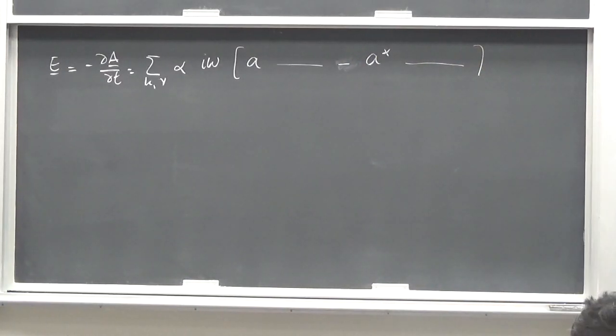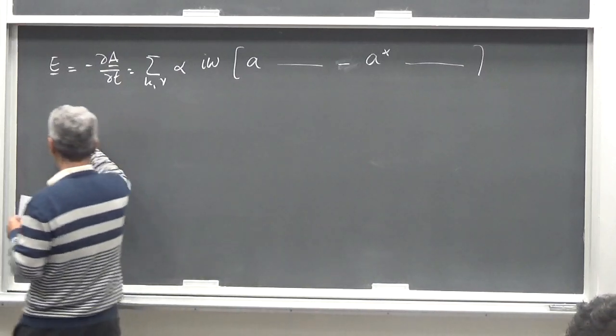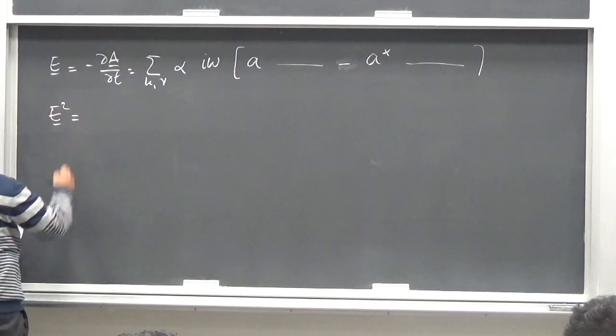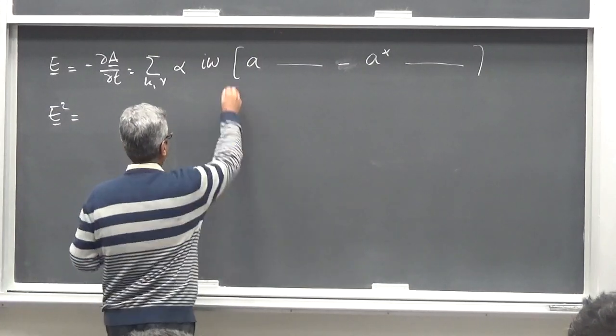Right? It's going to have this structure. And again, when you square this, there's an epsilon.